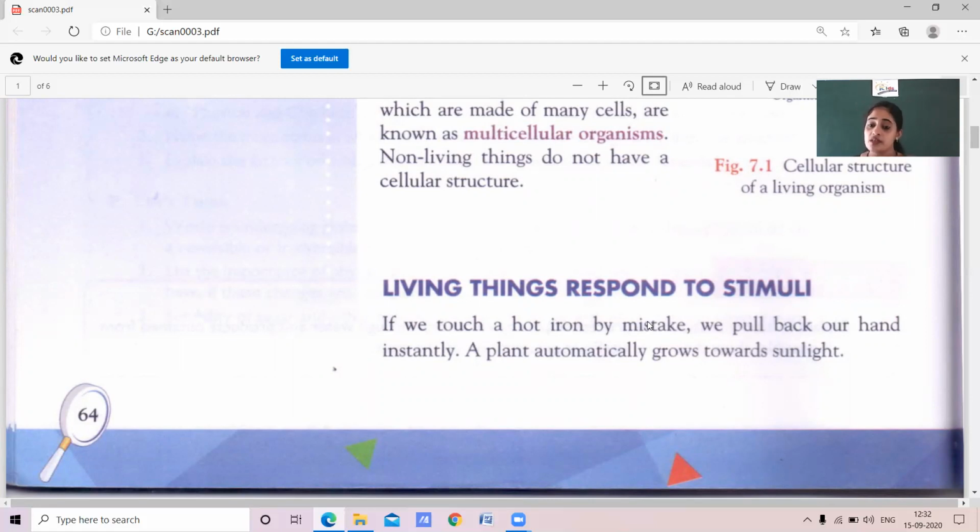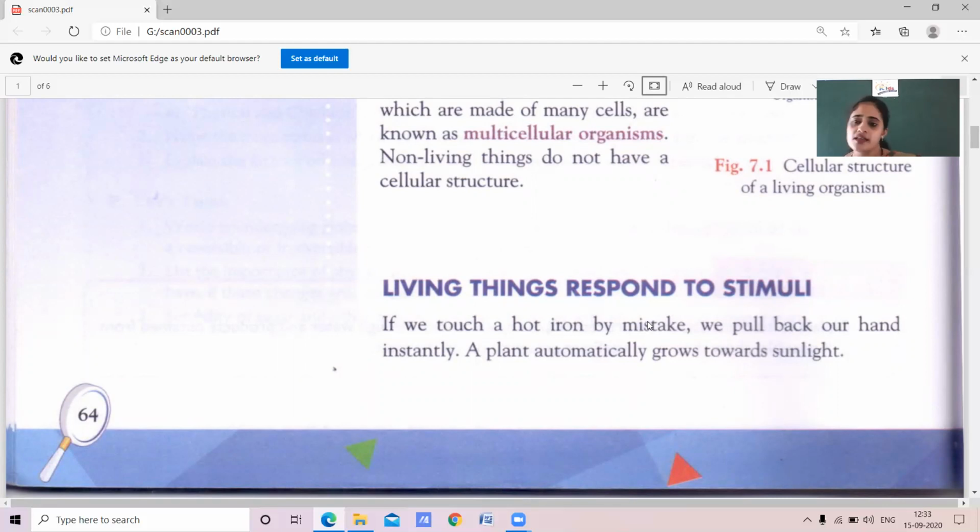So here our body is responding to what? Our body is responding to the stimulus. Which is that stimulus? The hot object is the stimulus, and the response we show is a response to that particular stimulus.